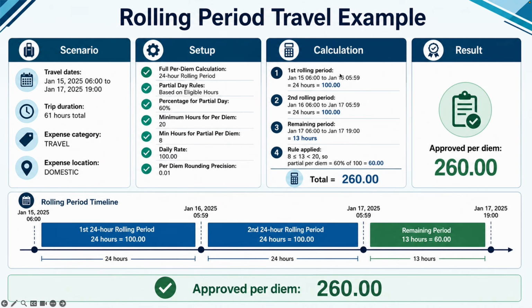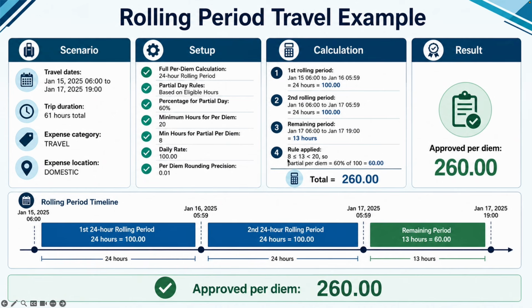So the first rolling period was January 15th, 6 a.m. to January 16th, 5:59, which is 24 hours. So you get $100. So the second rolling period was 16th January 6 a.m. to 17th 5:59 a.m. So that makes sense. You get $100 still, 24 hours. Now for the remaining period, it is only 13 hours, which is the bullet 3. Now here you have applied the rule.